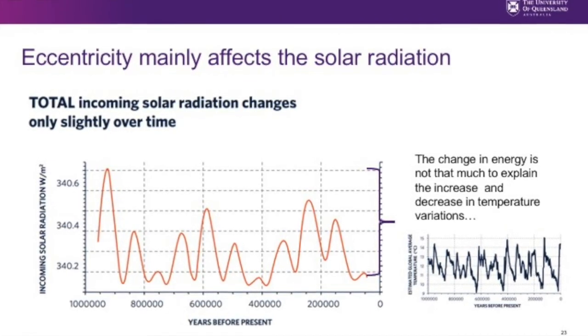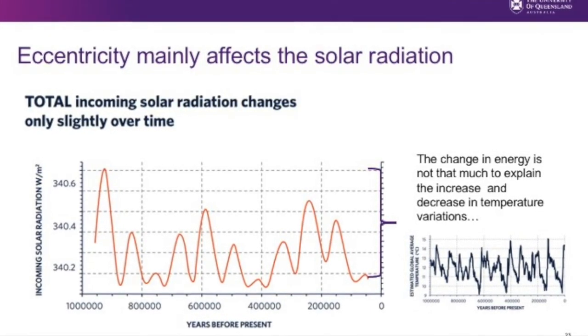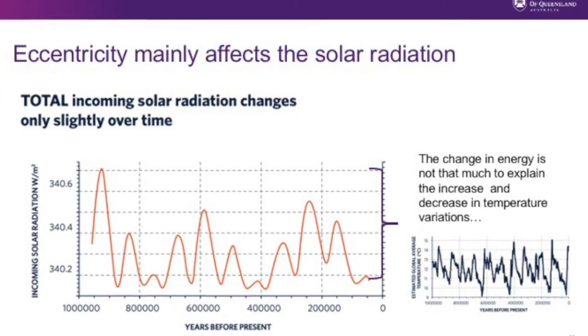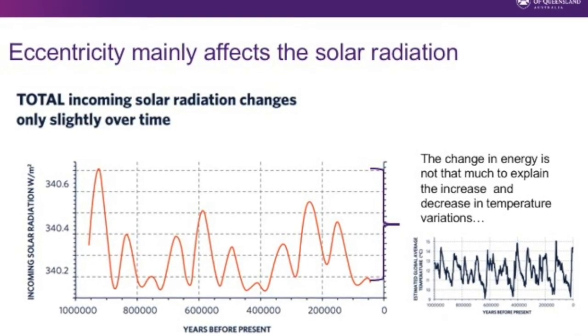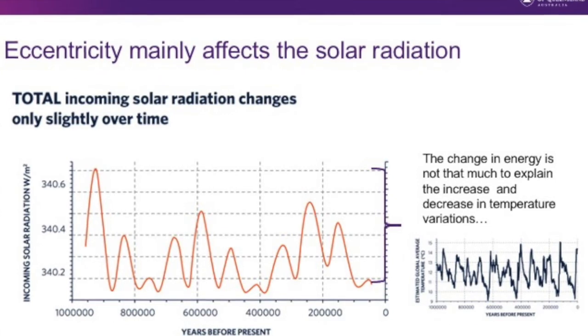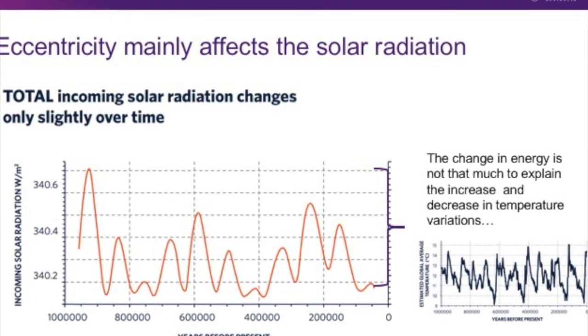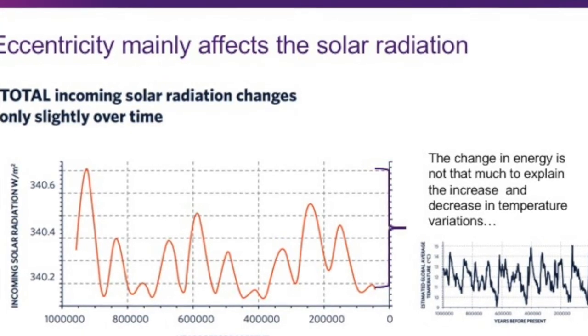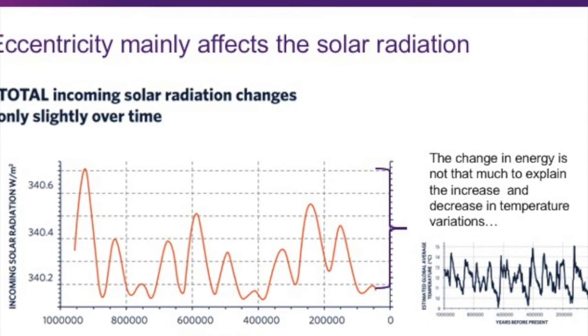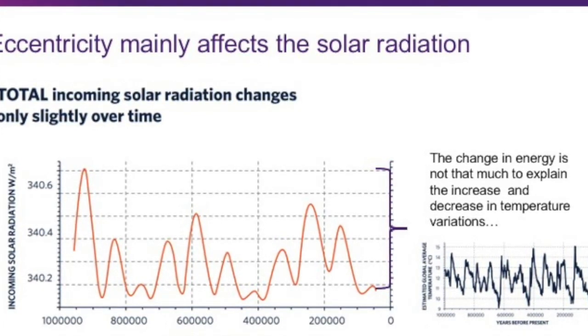We know that these changes are responsible for the comings and goings of the ice ages, but the warming that we've seen in the last few decades cannot be linked to the Earth's orbit, because it is too large to be caused by the solar activity.